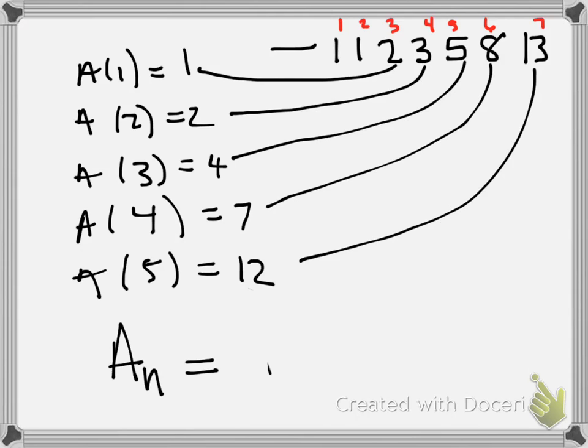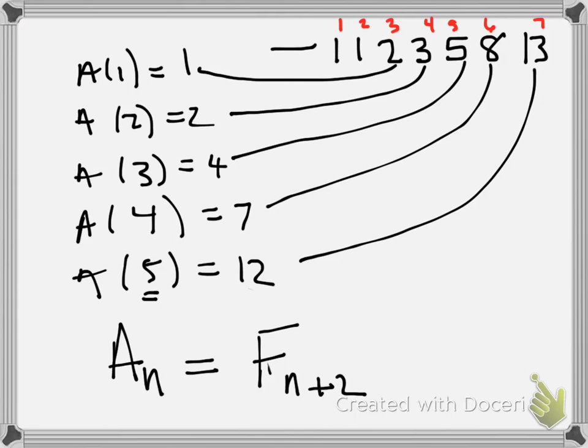The nth term of our sequence is the Fibonacci number n plus 2. I'm getting that because this is the 5th number of our sequence, and this is the 7th Fibonacci number. So that's a difference of 2. This is the 4th in our sequence. This is the 6th Fibonacci number. So n plus 2. But then if I look at the relationship, it's always minus 1.